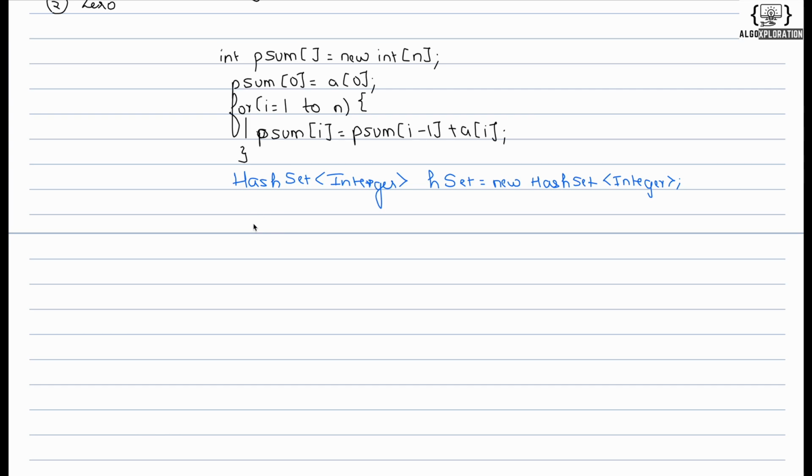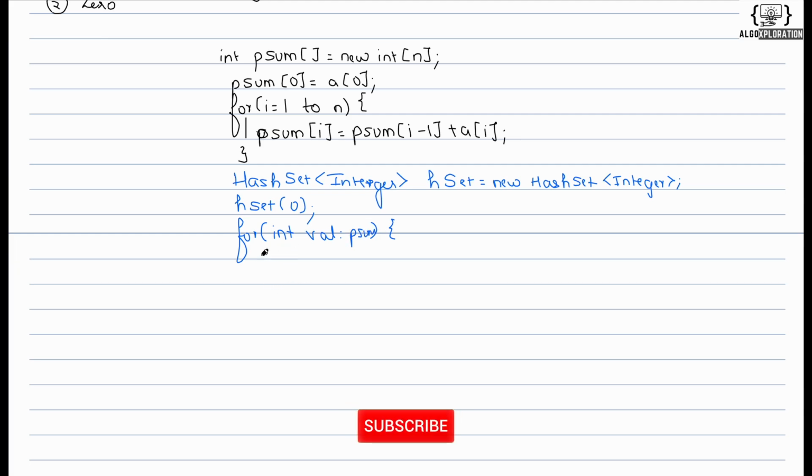Now here we are going to store the 0 explicitly, for the first time. Now here I'm going to use an enhanced for loop in which int val in a. One by one the value is going to be stored in val. Here I forgot to mention it should be psum.